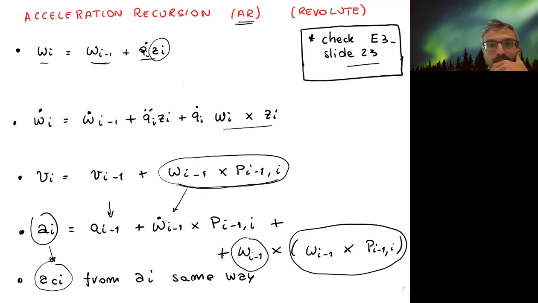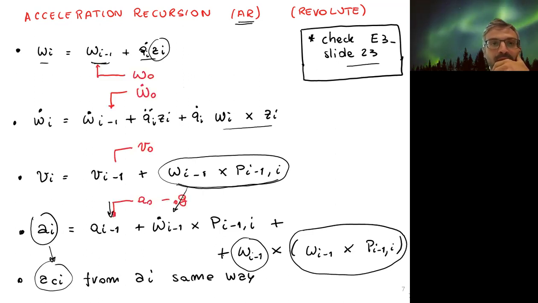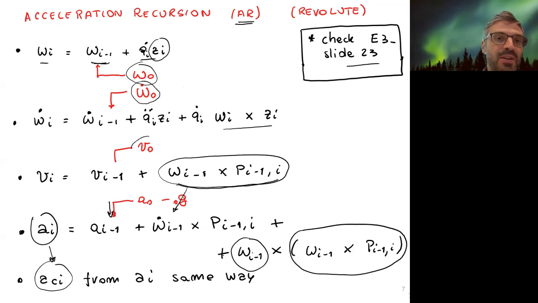For one link you propagate, and you need to start by initializing the algorithm with the angular velocity of frame 0, the angular acceleration of frame 0, the linear velocity of frame 0, and the linear acceleration of frame 0.